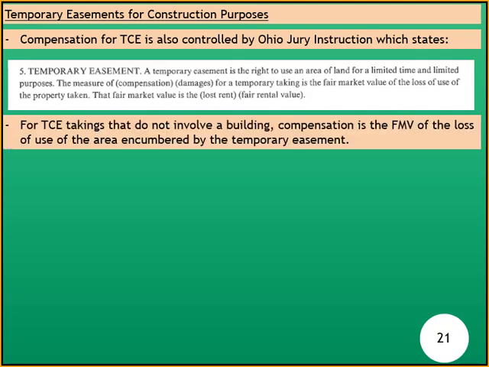For temporary construction easement takings that don't involve a building, compensation is the fair market value of the loss of use of the area encumbered by the temporary.